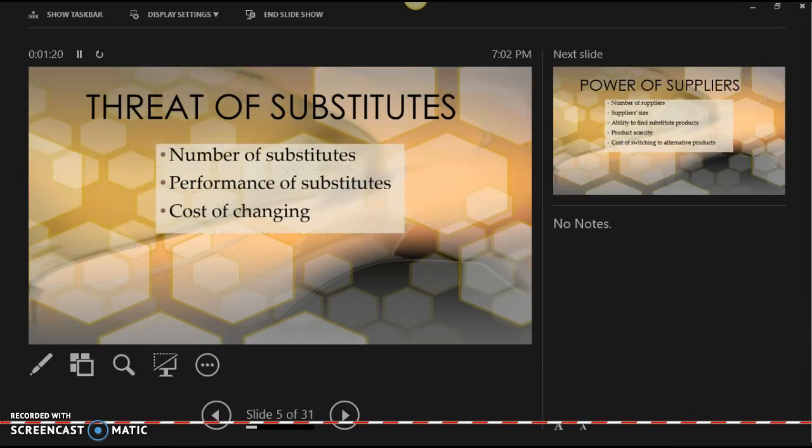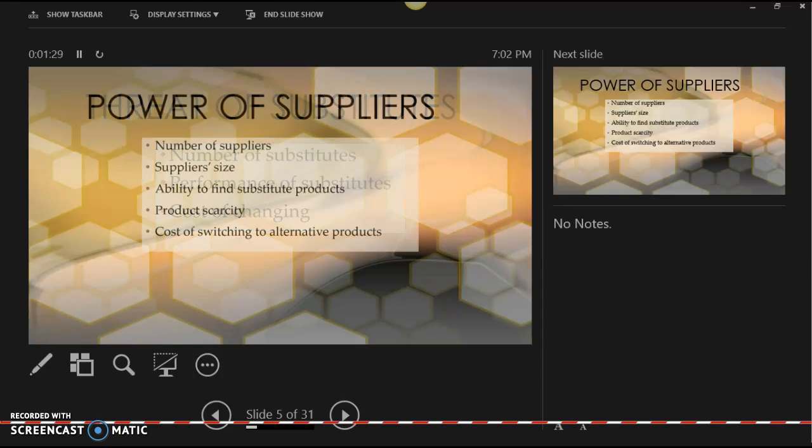For the threat of substitutes, I left number of substitutes, performance of substitutes, and cost of changing. For power of suppliers, I have the number of suppliers, suppliers' size, ability to find substitute products, product scarcity, and the cost of switching to alternative products.